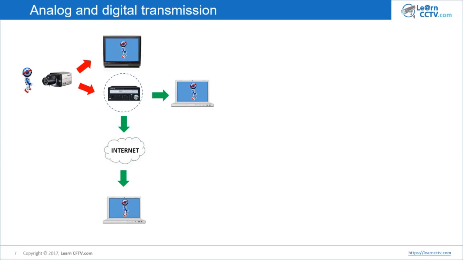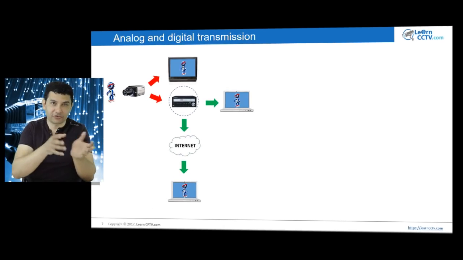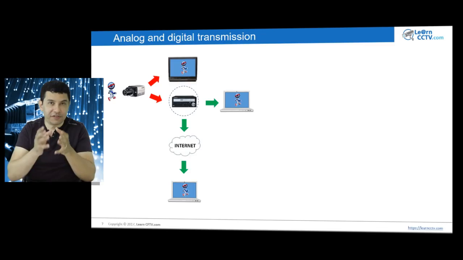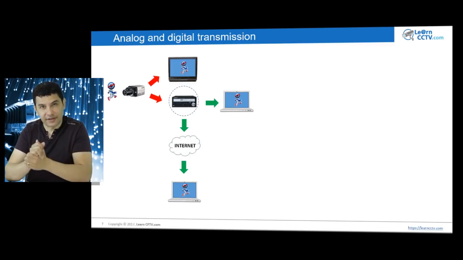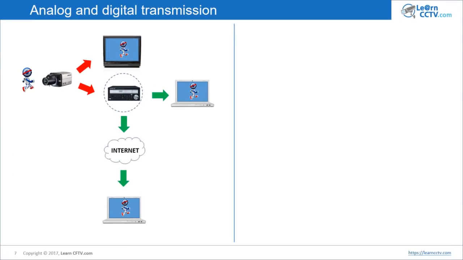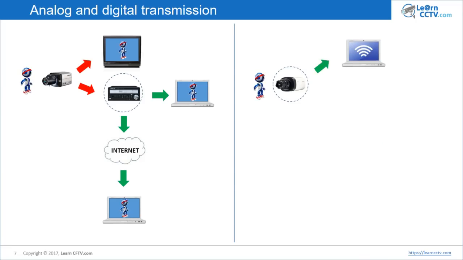So basically it's just simple like this. You need the camera, you need something to convert from analog to digital. That'll be your DVR, and then your DVR is going to record and can also send through the internet. Comparing now with a digital system, you have the camera. Directly from the camera you can send to a computer, then you can see directly here.